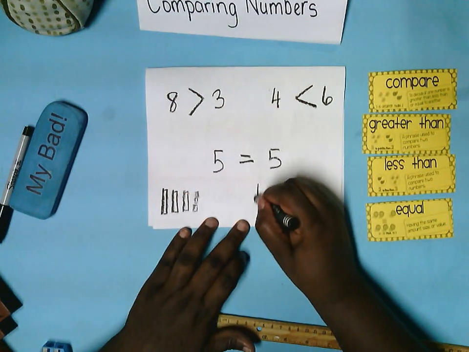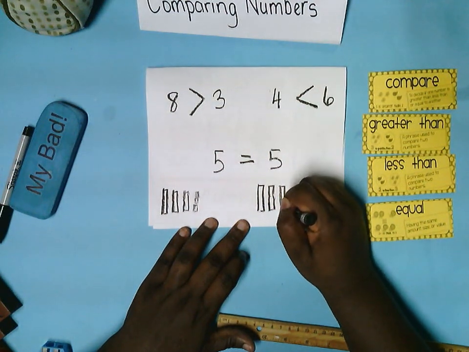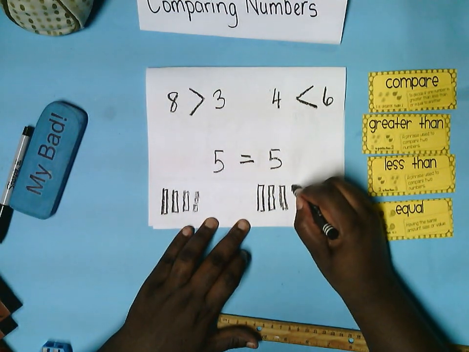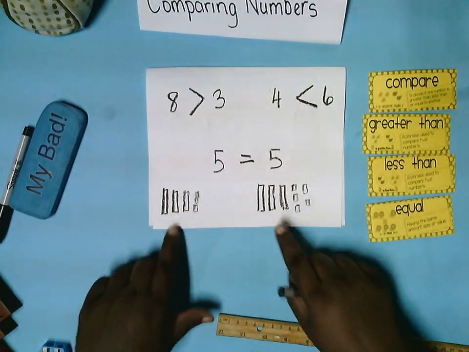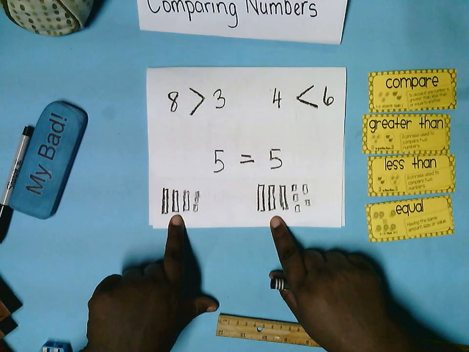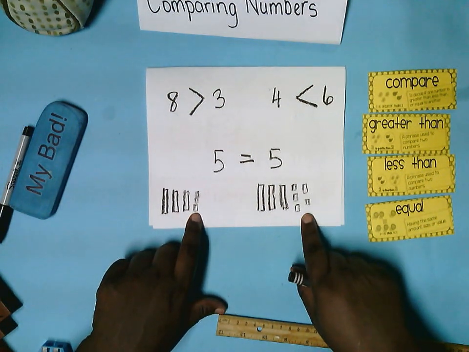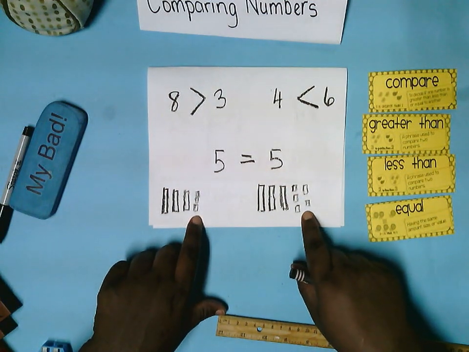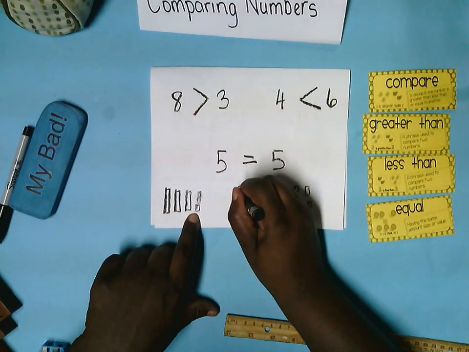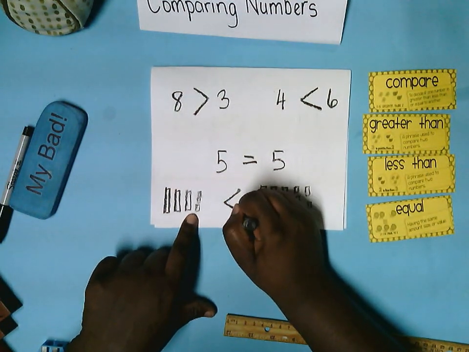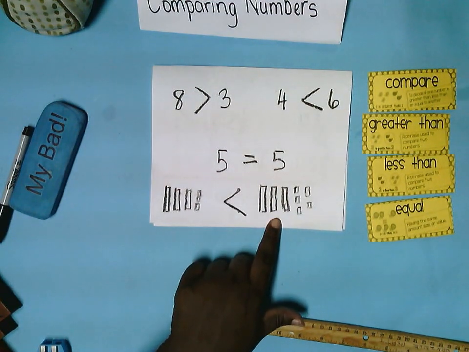Then I have 35, 3 tens, and then 1, 2, 3, 4, 5. They both have 3 tens. So now I have to compare the ones. This is 3 and this is 5. So since 5 is greater than 3, that means 33 is less than 35. So I will turn my back to 33 and Al's mouth is open.